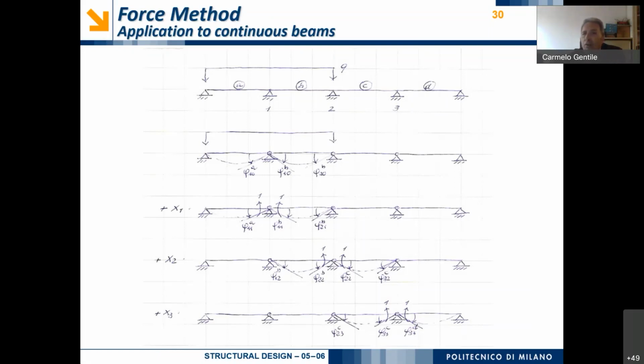Okay, so if we have 27 intermediate supports, what we have to do is that for each of those intermediate supports we can add basically an internal hinge, and we can basically highlight a redundant bending moment for each intermediate support.